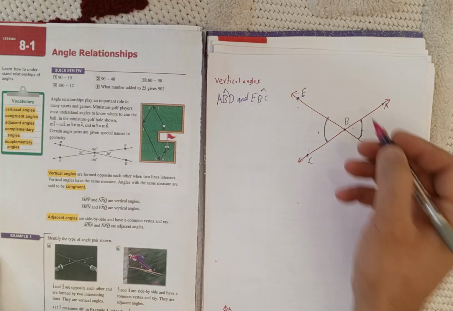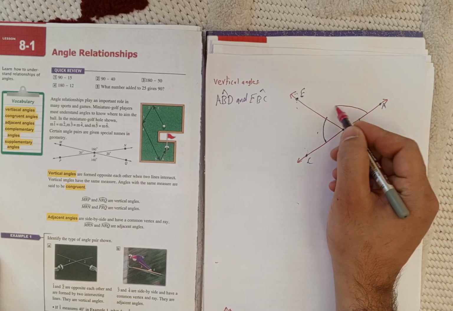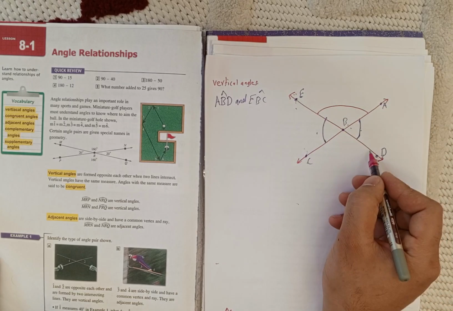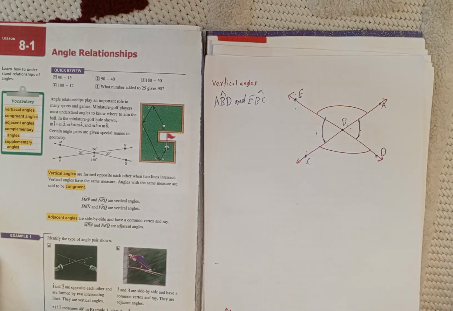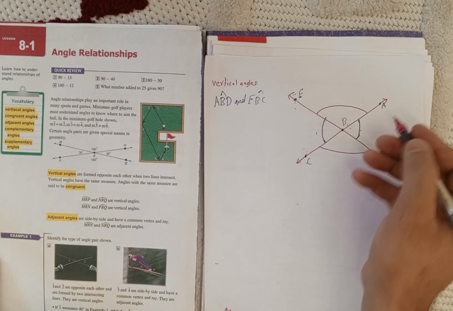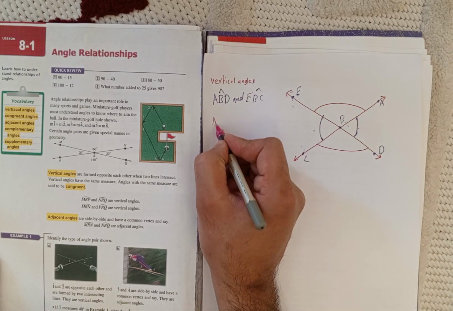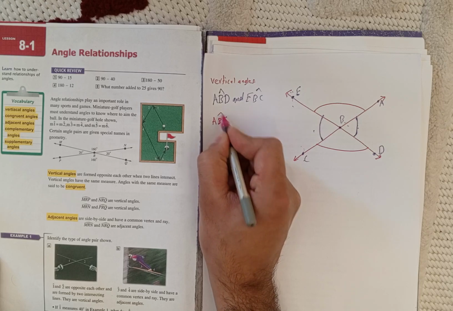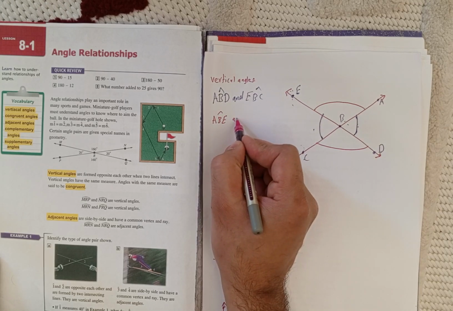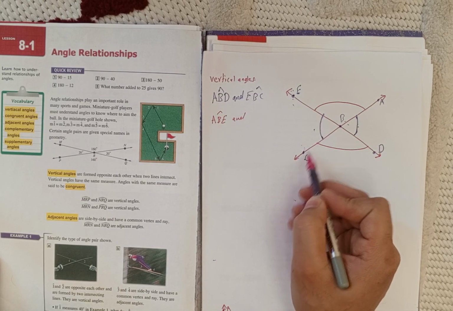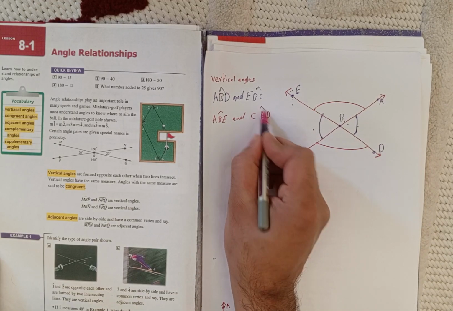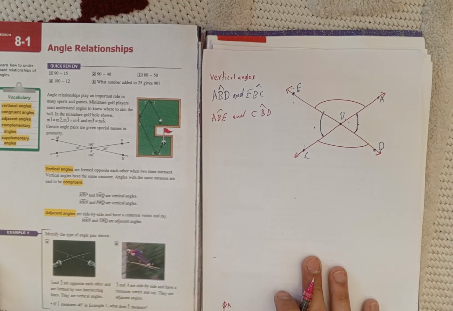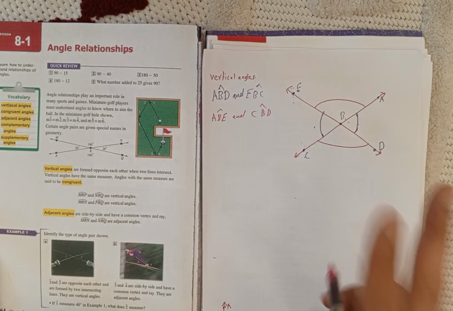There are other vertical angles. We can say this one is vertical with that one, because they have different directions, opposite each other. So we can say angle ABE and angle CBD. Okay, this is the vertical angle. The two angles are opposite each other.